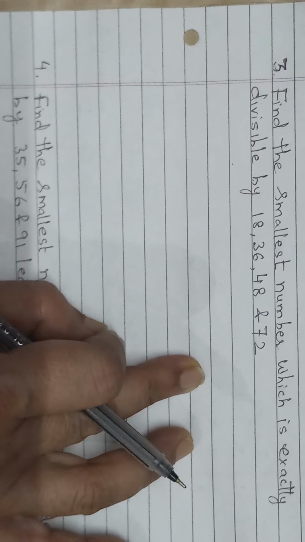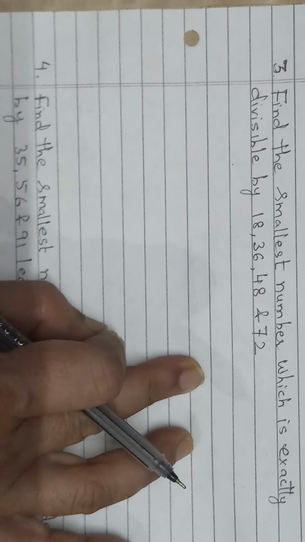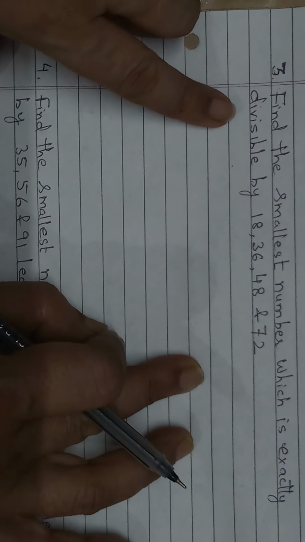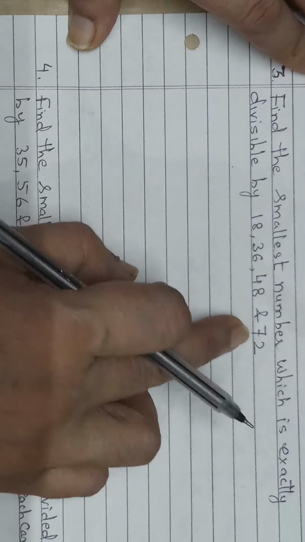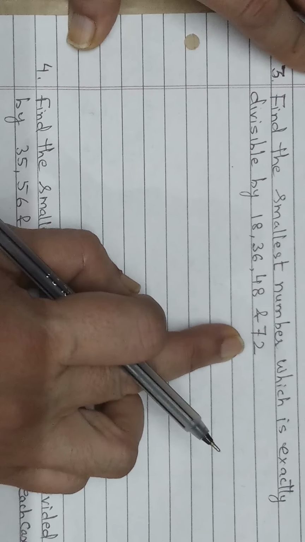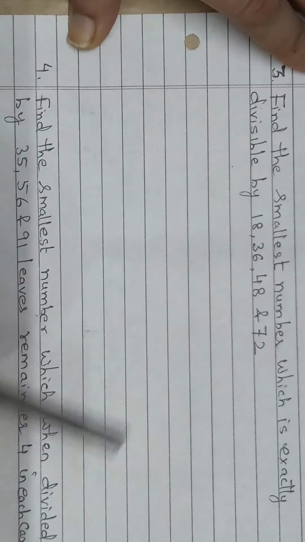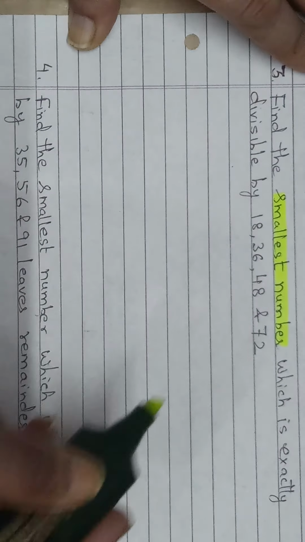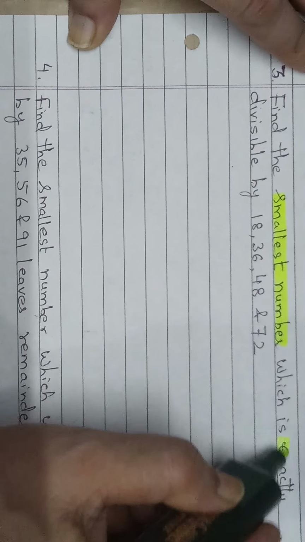Now our next question is, find the smallest number which is exactly divisible by all these 4 numbers. Here again we have to see the smallest number which is exactly divisible.